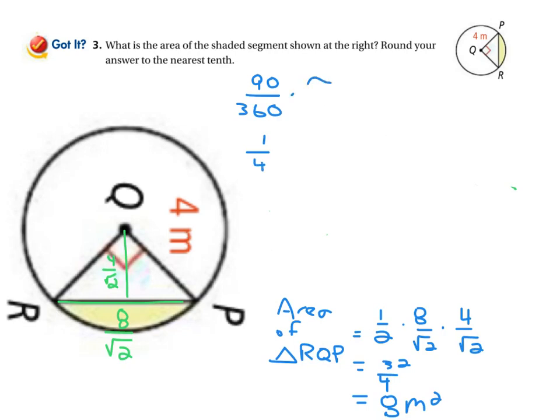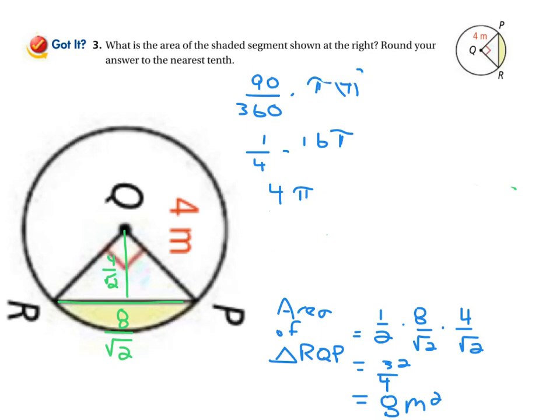Times pi times the radius squared, or 1/4 of 16 pi, and 1/4 of 16 pi is 4 pi. So we have the entire sector being equal to 4 pi, and then we subtract away the area of the triangle, which is 8 meters squared.